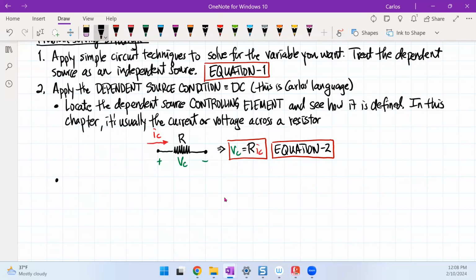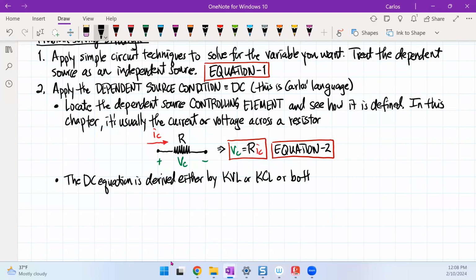However, in more challenging situations, the DC equation is derived either by KVL or KCL or both. And that would be equation 2.